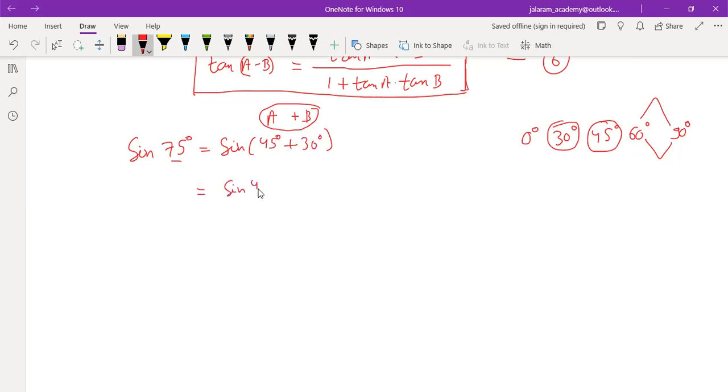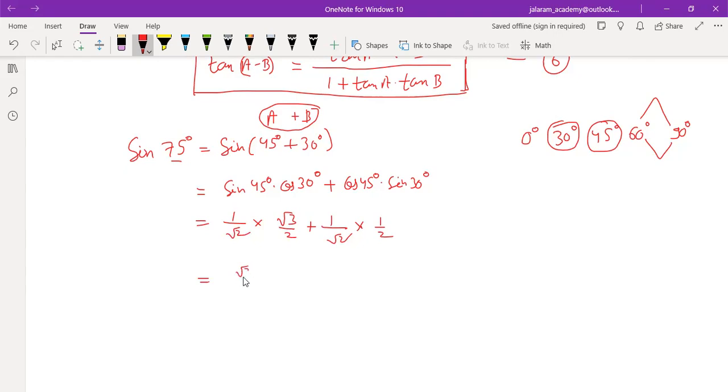So sine 75 degree equals sine 45 degree into cos 30 degree plus cos 45 degree into sine 30 degree. So it is giving sine A cos B plus cos A sine B. Now sine 45 degree is 1 by root 2 into cos 30 degree is root 3 by 2 plus cos 45 degree is 1 by root 2 into sine 30 degree is 1 by 2.